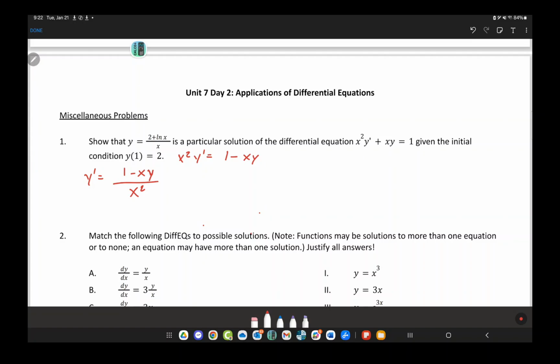How did you get what y prime is? I think it was getting y prime by itself. I have no idea.